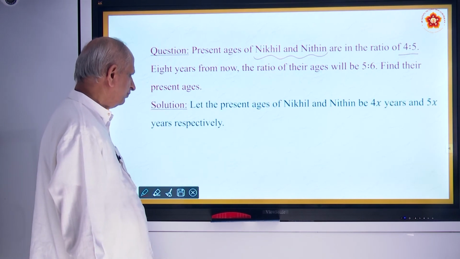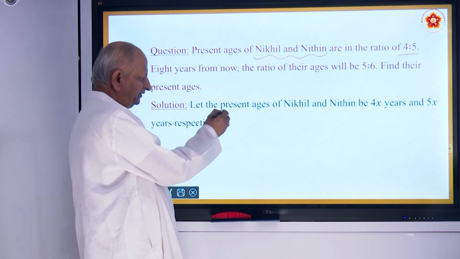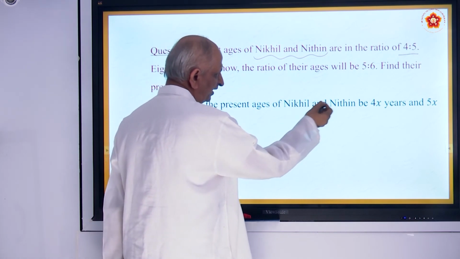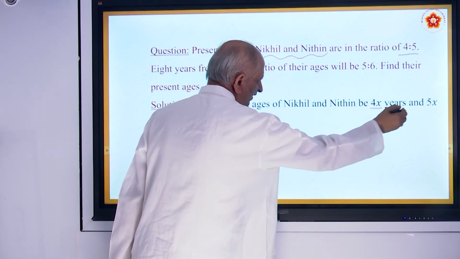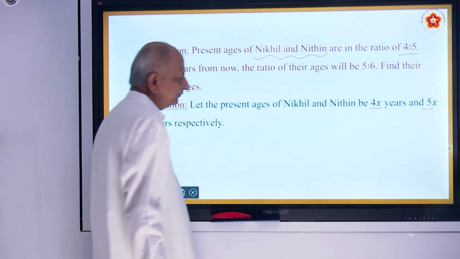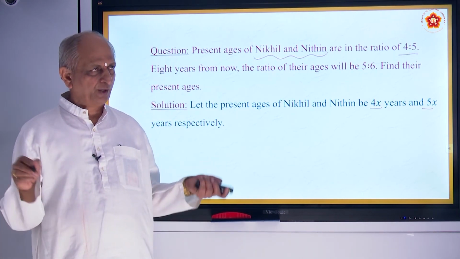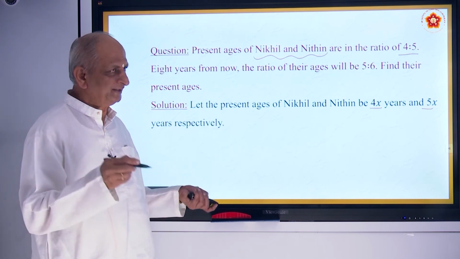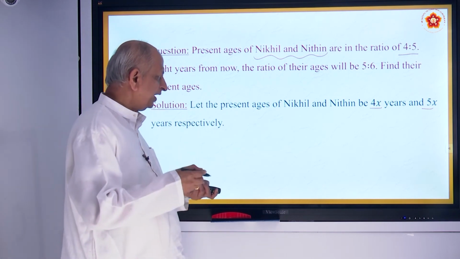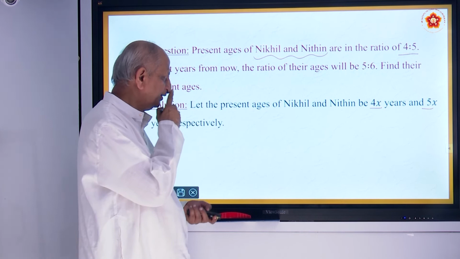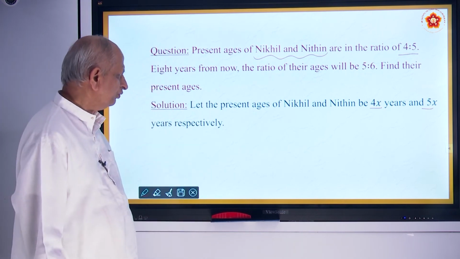So what shall we do now? We take it as present ages of Nikhil and Nitin be 4x and 5x. Why do you take like that? Because it may be 4 and 5, it may be 8 and 10, it may be 12 and 15, like that. So we don't know.